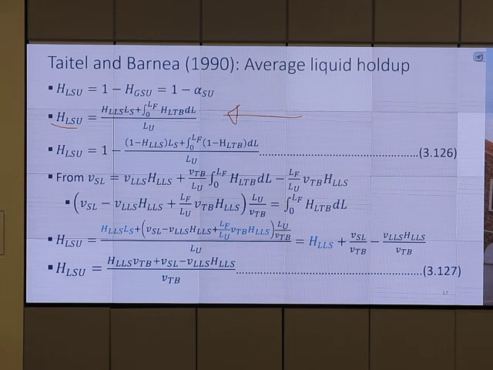Volume of the pipe that has a length of LF, so that volume is AP multiplied by LF. Right? Volume of the pipe that has a length of LS is AP multiplied by LS. So then cancel AP for the whole equation, you get this equation.